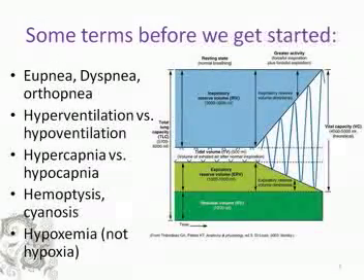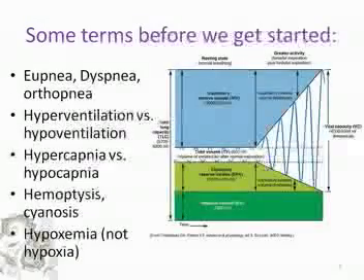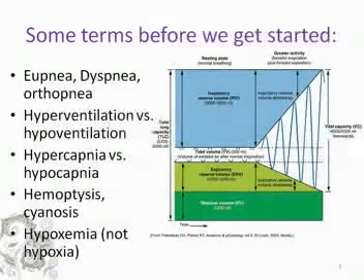Hemoptysis, this clinical term refers to the coughing of blood, or blood being found in sputum that comes up out of a patient. Cyanosis is a blue tint or a blue color to the skin or the mucosa, typically indicating a decrease in oxygen or a decrease in hemoglobin, so a decrease in oxygen in the blood or challenges with hemoglobin concentrations.